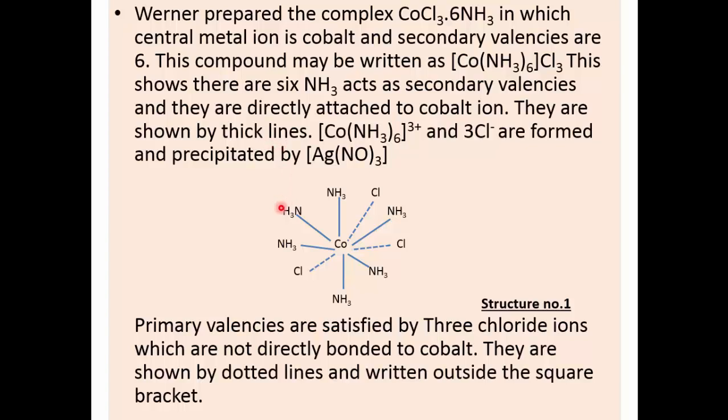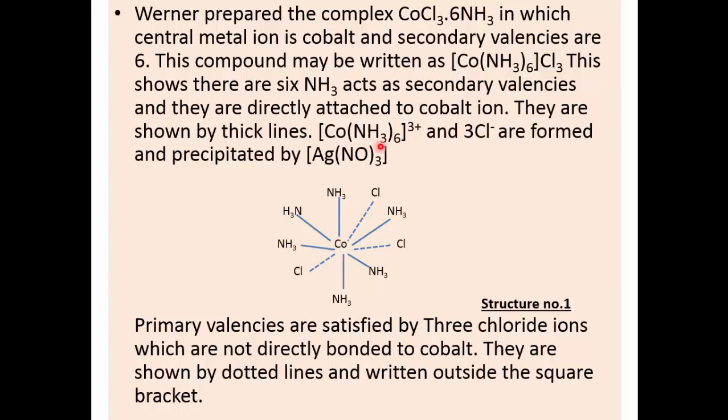See this structure: first ammonia, second, third, fourth, fifth and sixth. 6 ammonia molecules are tightly held with the cobalt metal ion, and hence the cobalt metal ion shows 6 coordination number. This compound forms two types of ions.